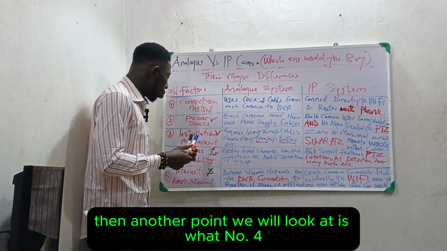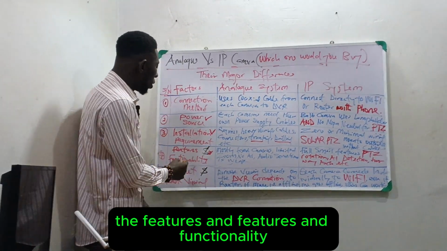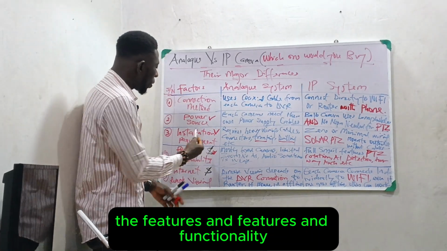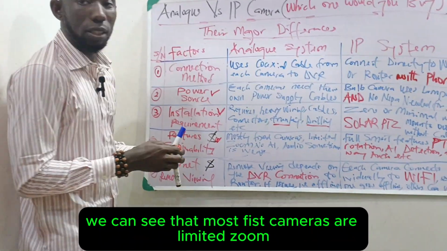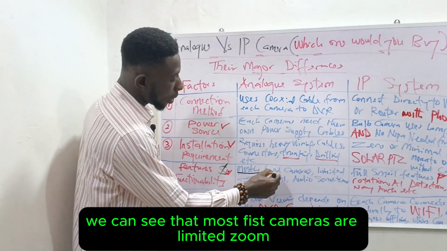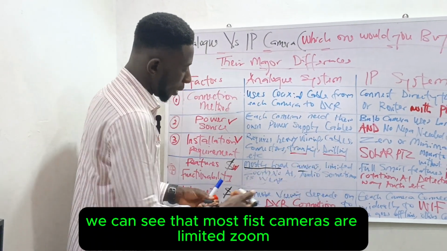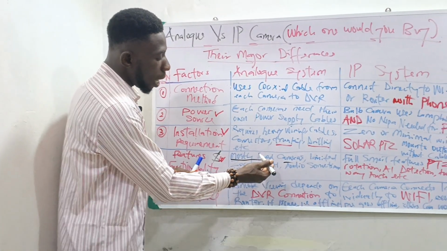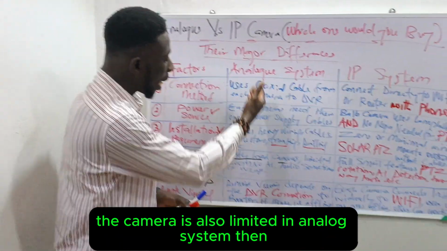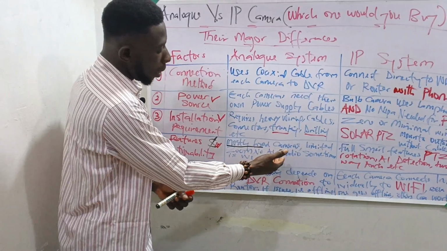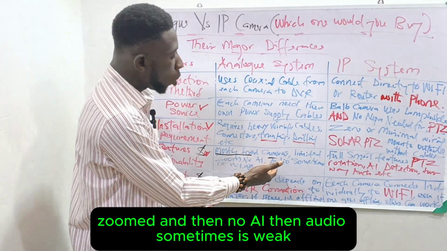Then another point we will look at is number 4, features and functionality. Here we can see that most fixed cameras are limited. Zoom is limited in the analog system, and there is no AI.